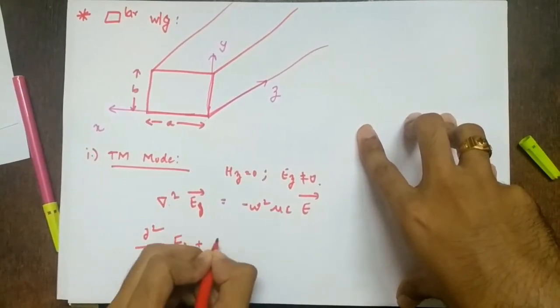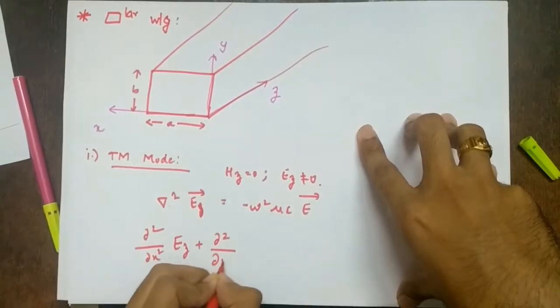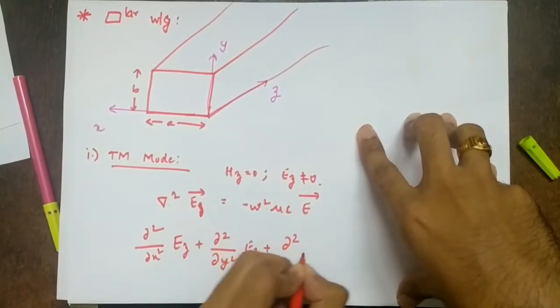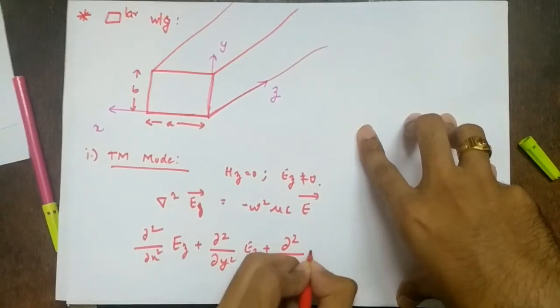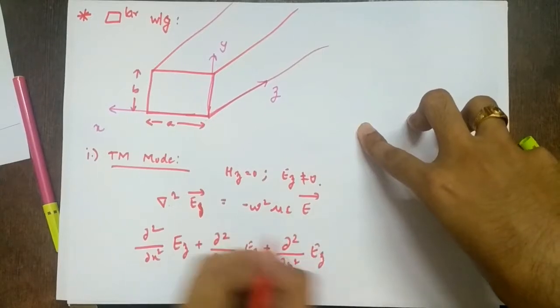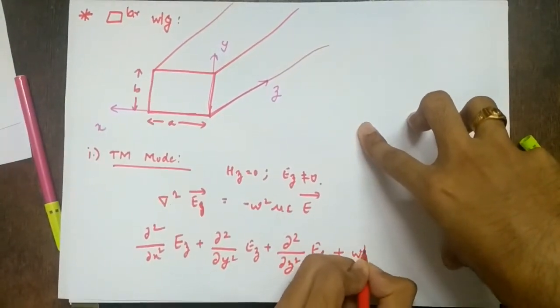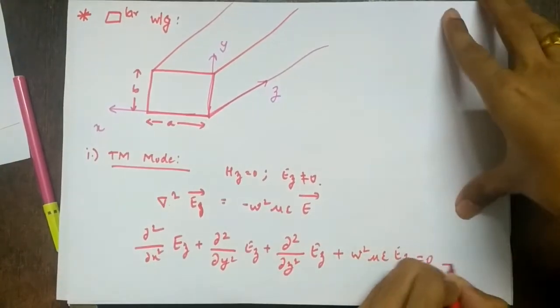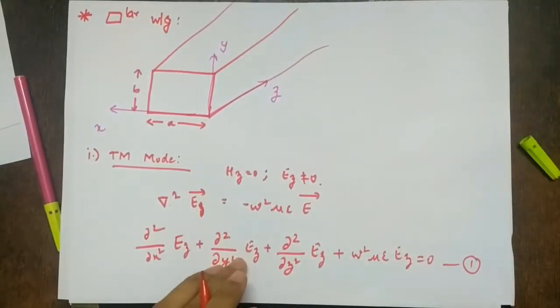So I'll just multiply Ez everywhere. So I'm taking this plus or minus over here. So plus omega square mu epsilon Ez equal to 0. So let's say this is equation 1.